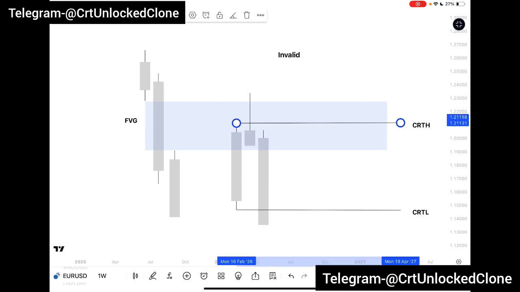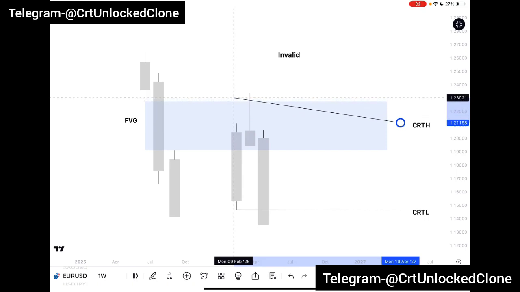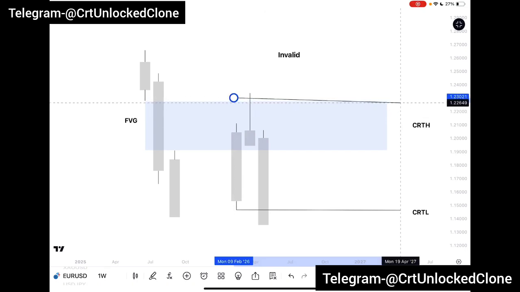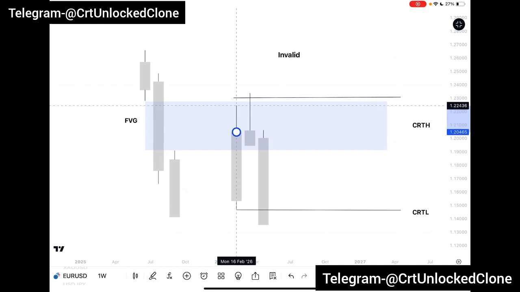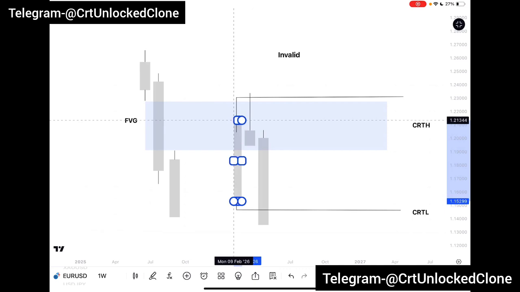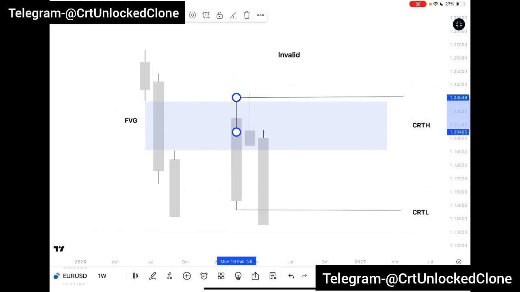Now in the next scenery, the CRT candle high has also gone outside the key level FVG. Now look at this very carefully, my dear people. The CRT candle which has formed has also gone outside our key level FVG.